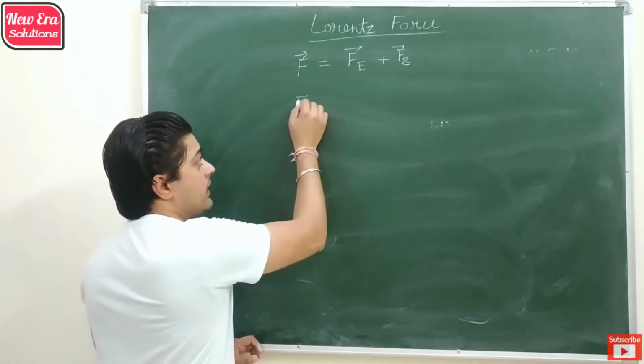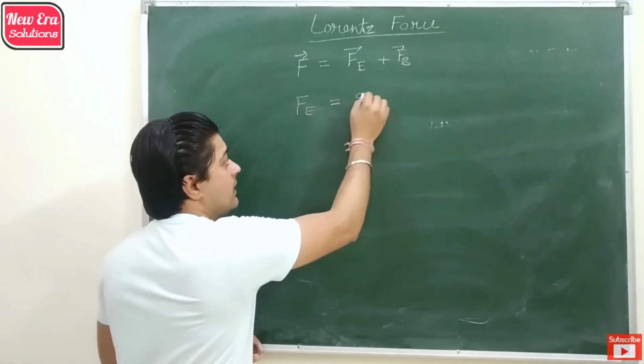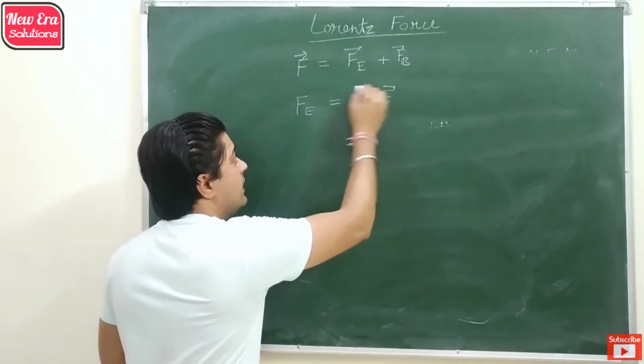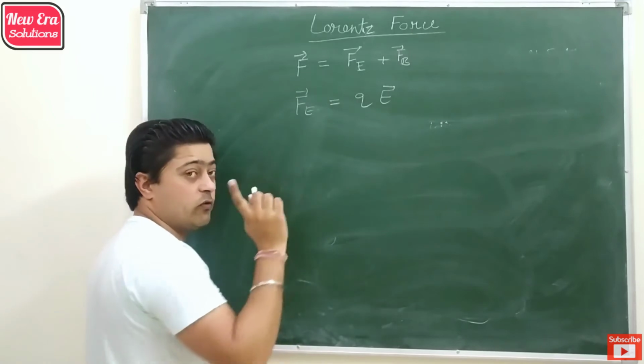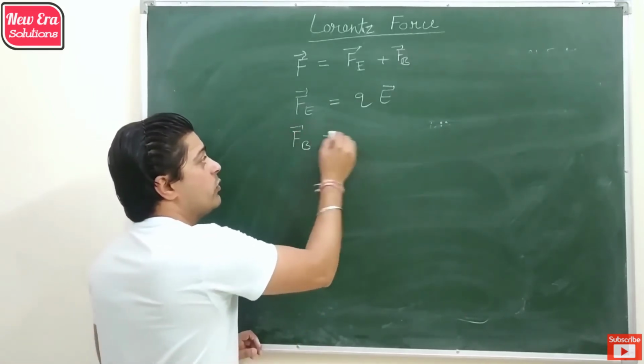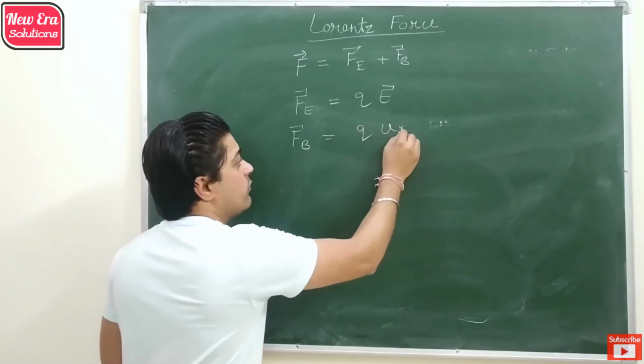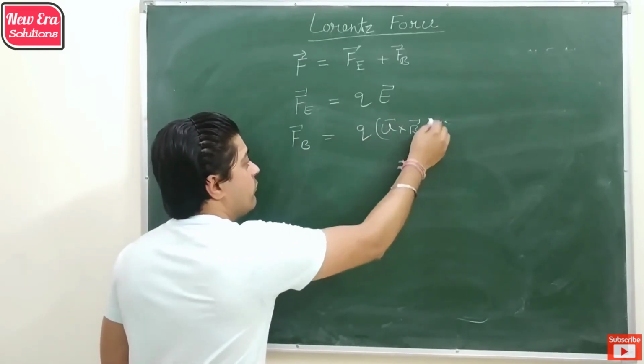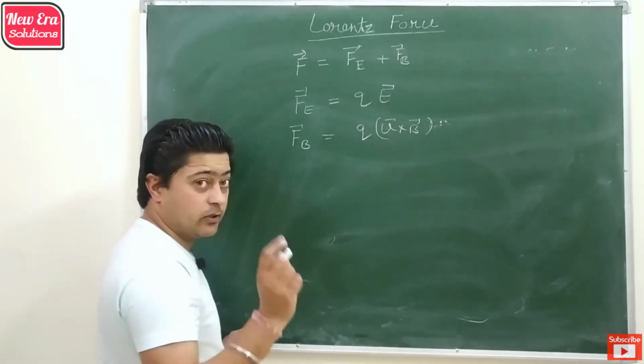So the electric force on the charge is qE, which is in the direction of the electric field, and the magnetic force on the moving charge is qv cross B, which is in the direction perpendicular to the magnetic field.